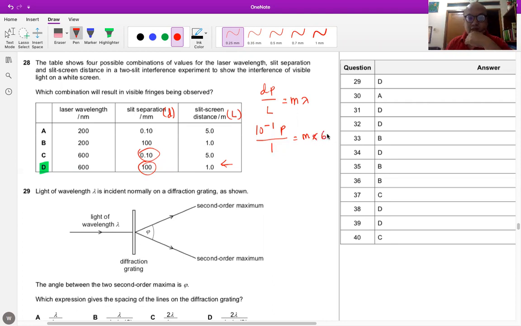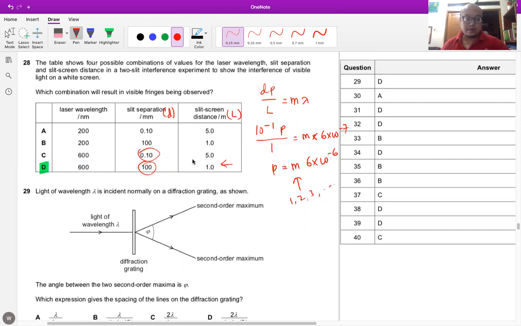This is times 10 power minus 7. So P likes M, 6 times minus 6 here. The M is like 1, 2, 3, and so on.